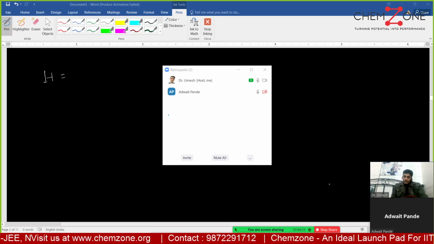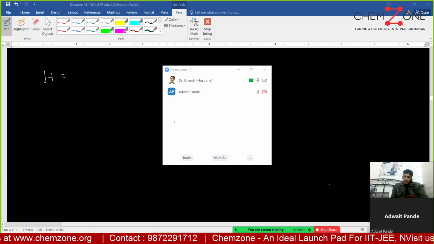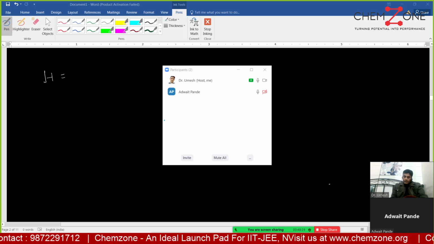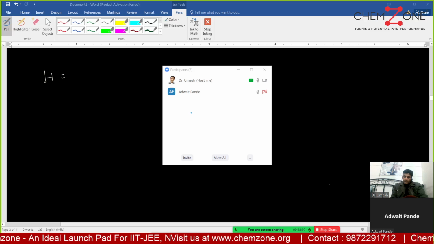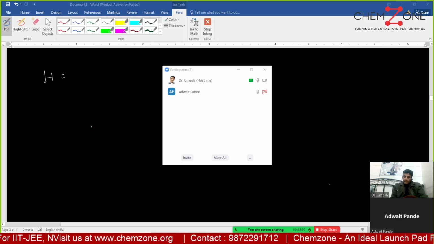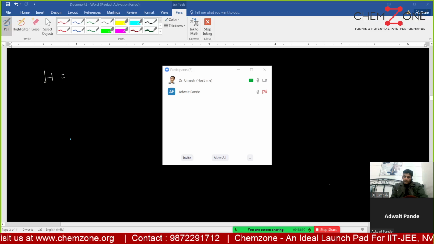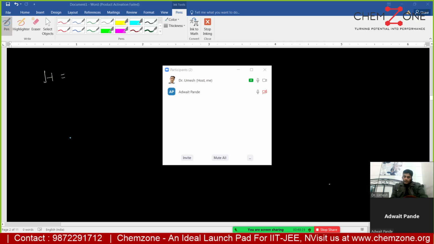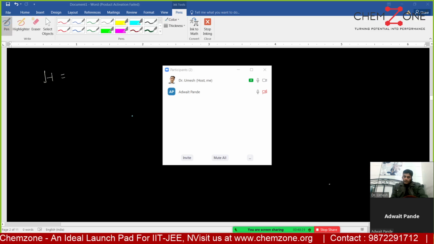Central element is the carbon where I have 4 valence electrons. Monovalent is 0 here. Oxygen is divalent.